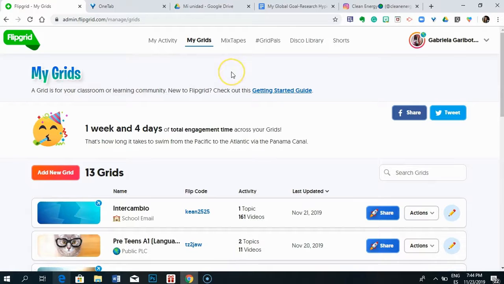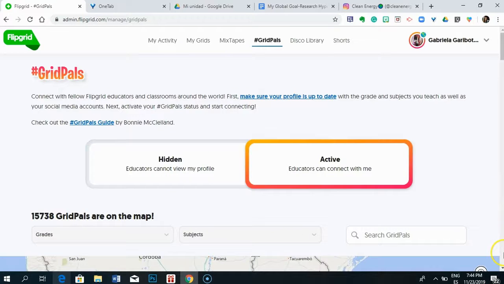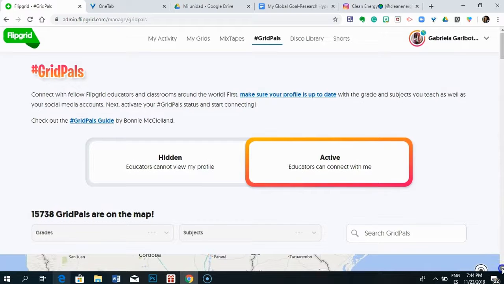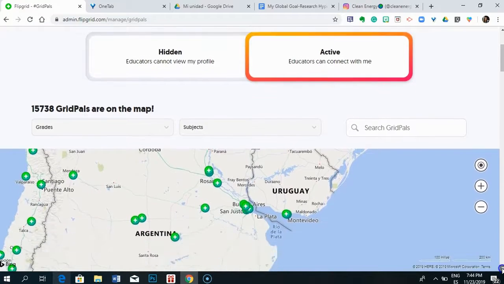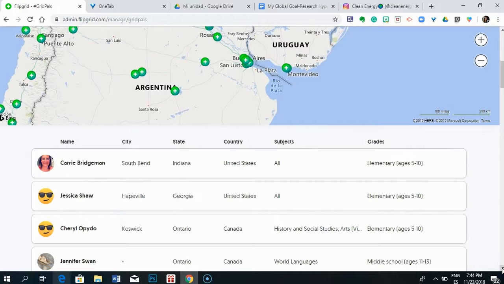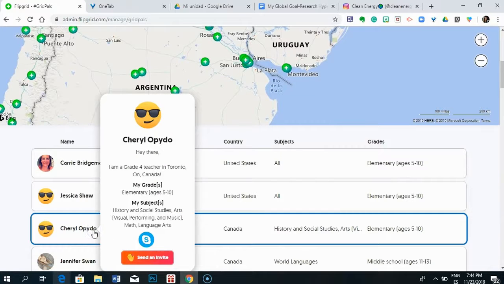The function that I want to show you is the GridPals. With this function, you can connect with teachers who are using Flipgrid around the world, and by clicking on the name of the teacher, you can read the profile and decide if you want to share a project with that teacher.